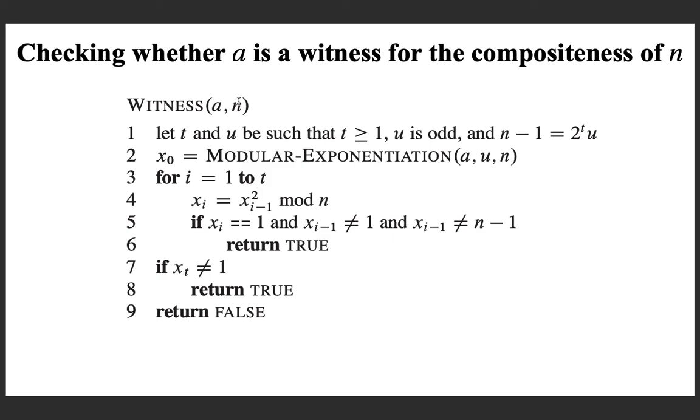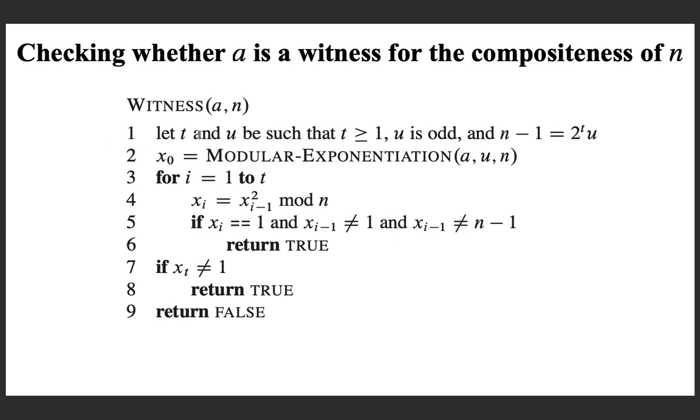So what it is doing is, from the previous lemma you know that if n is an odd number which is not 1, then you can get a t and an odd number u such that n minus 1 is nothing but 2 raised to t into u. This is what the previous lemma told us.